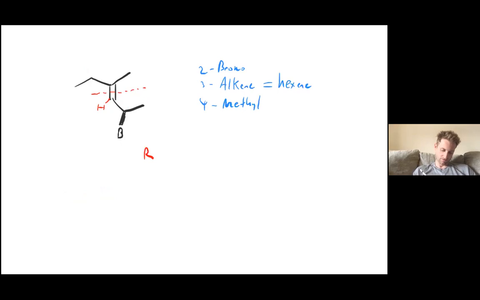Oops, I lost my R. Okay, for the top one, this ethyl side is going to be a higher priority than this methyl side. And then this side with the bromine is going to be a higher priority than the H here. Our two highest priorities are on opposite sides. So this would be an E alkene.